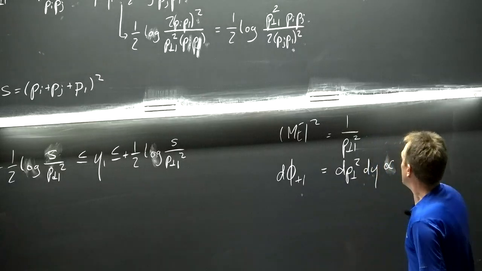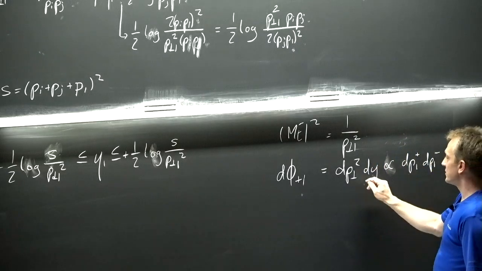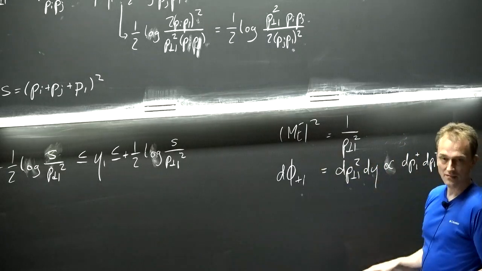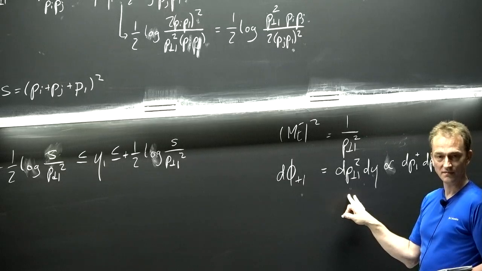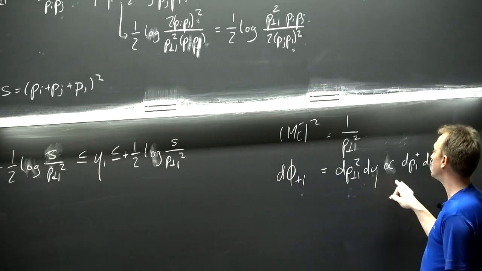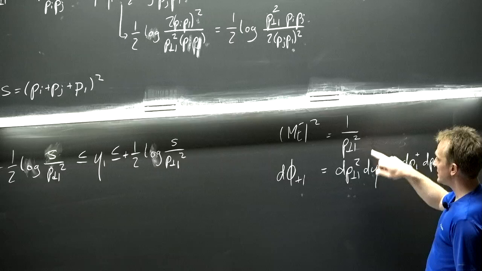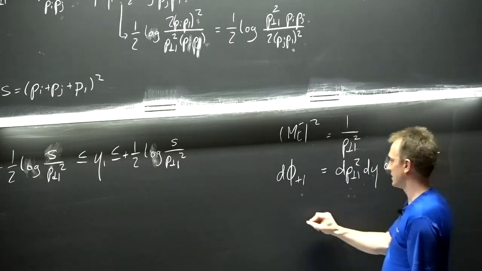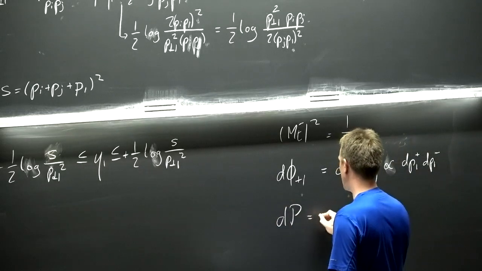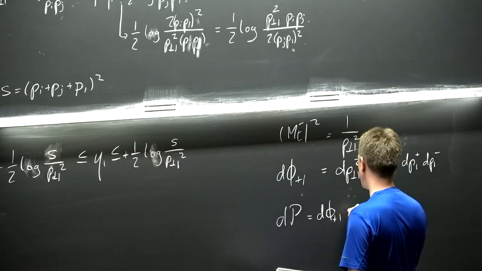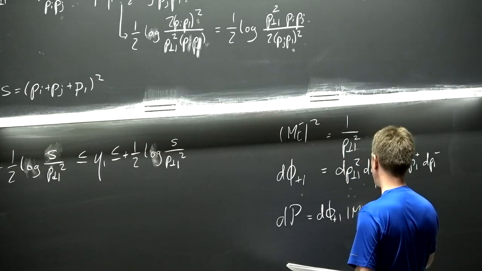Okay, now this is very convenient because as I put the phase space together with the matrix element, I get the total radiation probability. And the radiation probability apparently is d phi plus 1 times matrix element squared.